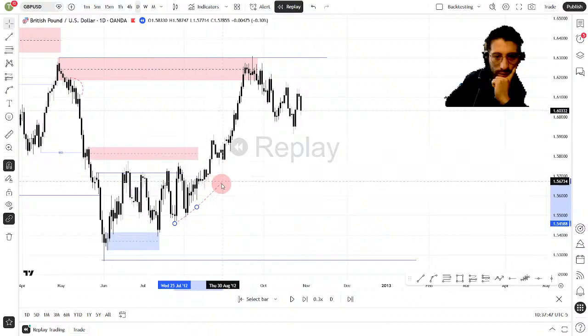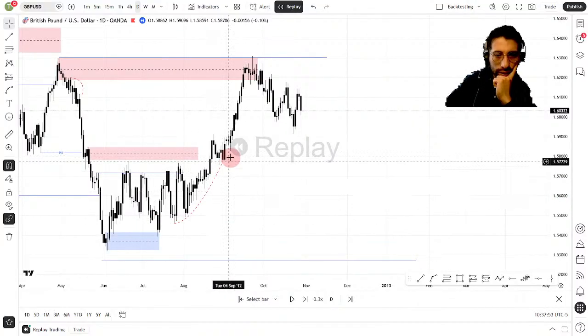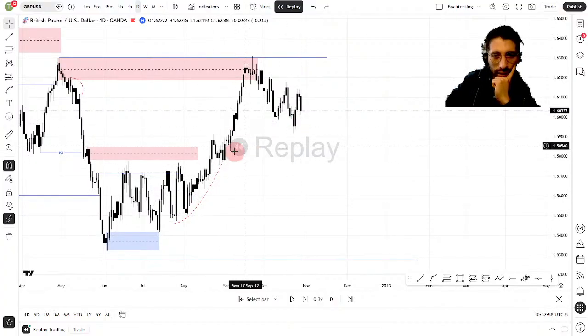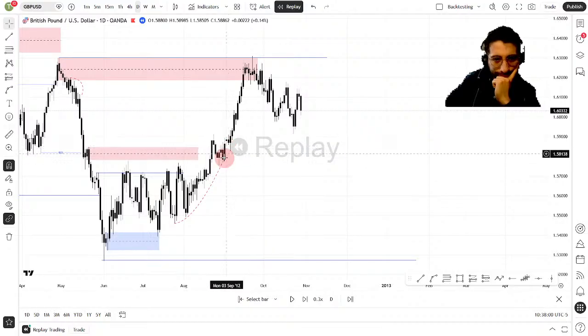Let me check there. Yeah. So all of this is liquidity trap accumulated, right? Now, if the price makes enough liquidity, maybe this order block. Look, this order block here.